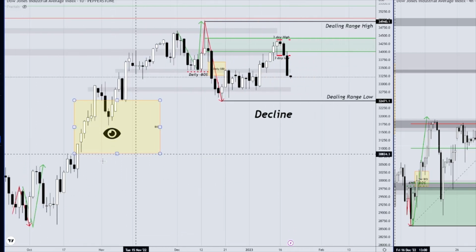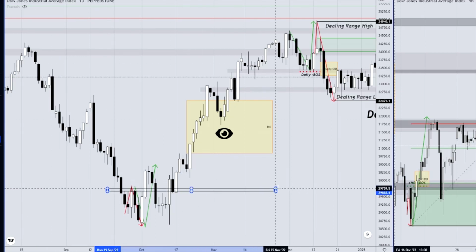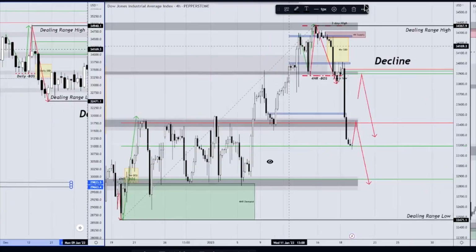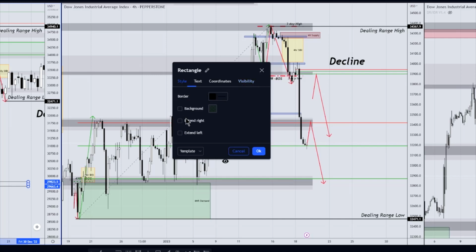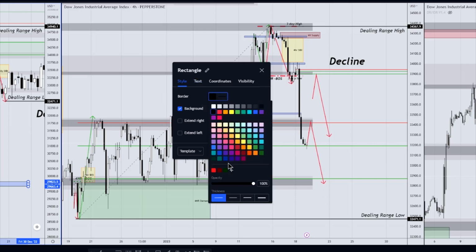So within this region, we put a rectangle just by here, and go to style, set the background blue. The color, I'm going to put a dark blue.